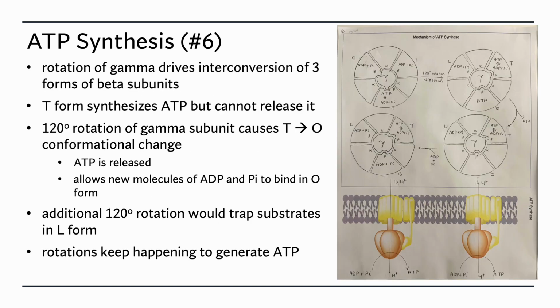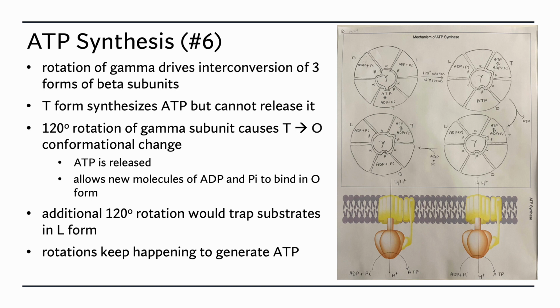So how does this all actually generate ATP? Well, the influx of protons will cause the rotation of the gamma subunit, which drives the interconversion of the 3 forms of beta subunits. As mentioned, the T form will synthesize ATP, but is not able to release it. So a 120-degree rotation of the gamma subunit would cause a conformational change from the T to the O form, which would help the ATP be released.